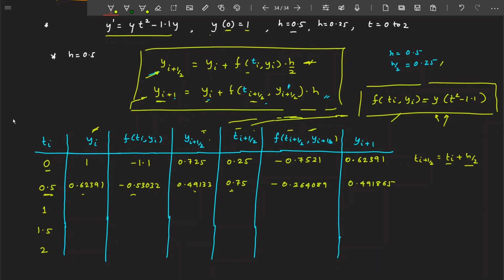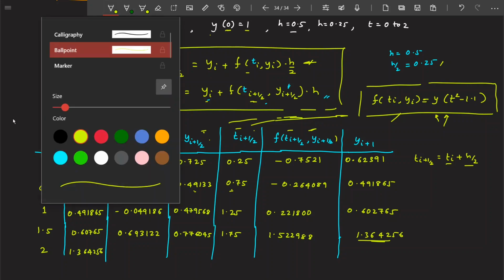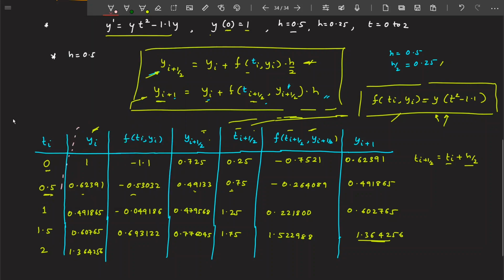And if you go on doing it, I'll just complete the table here. So this is the value that we'll write down here, and this completes our calculation. So what we need is this column, and I think we have completed this.